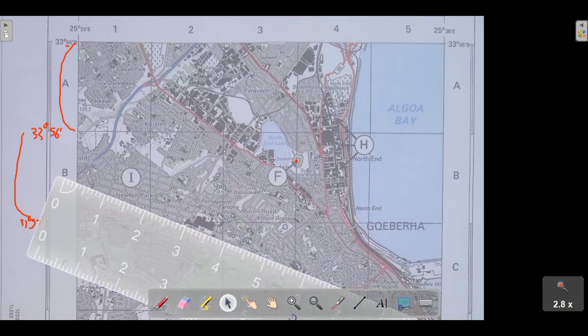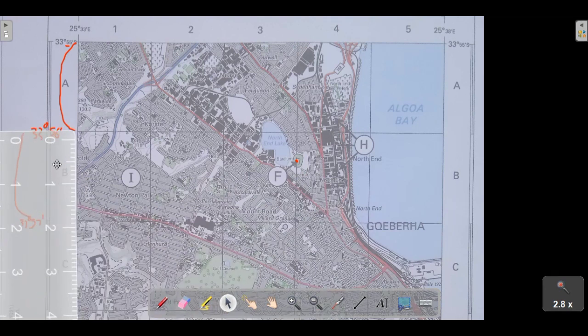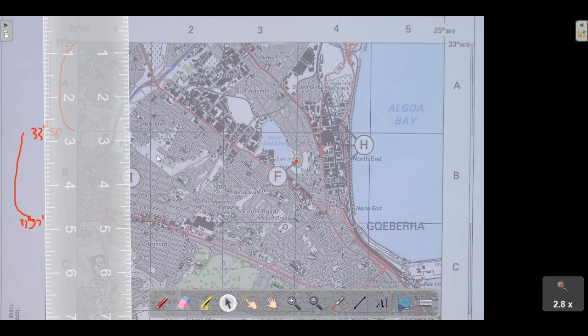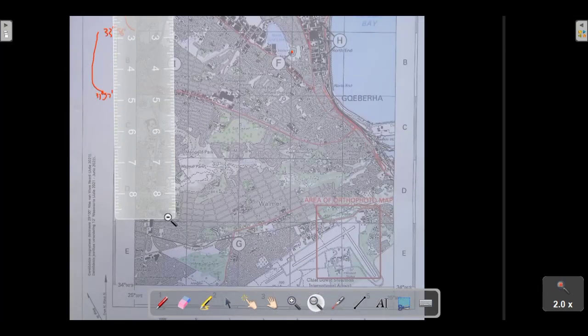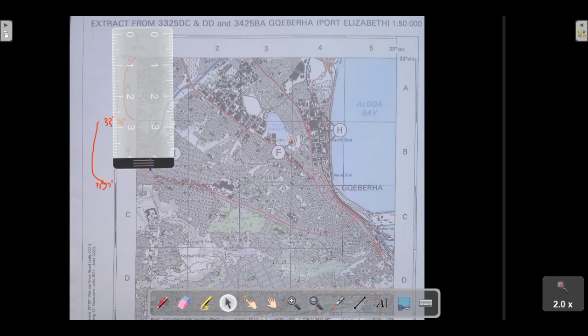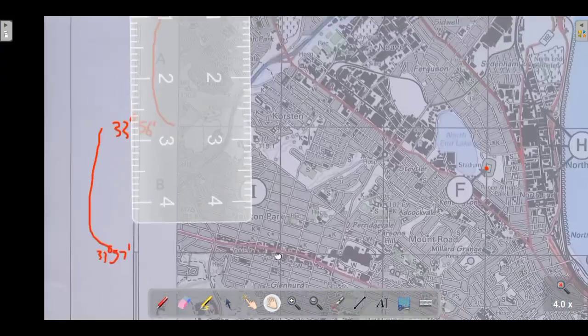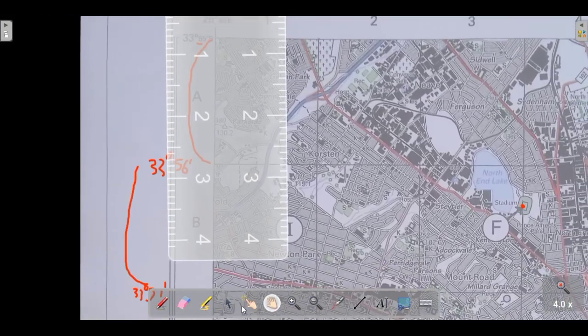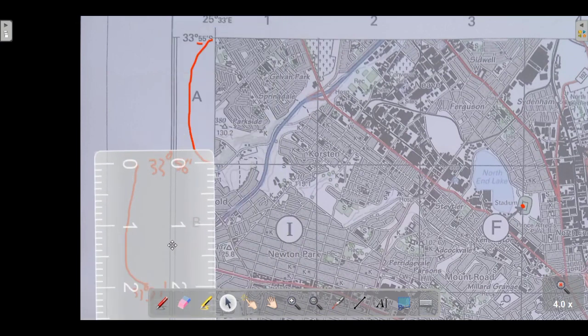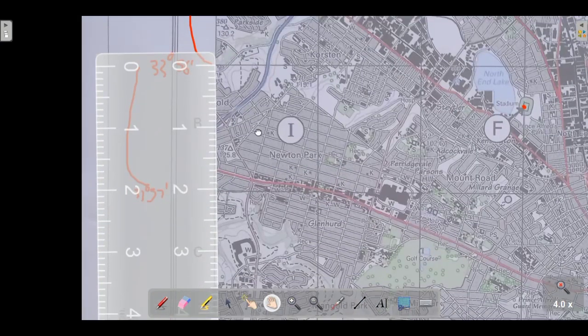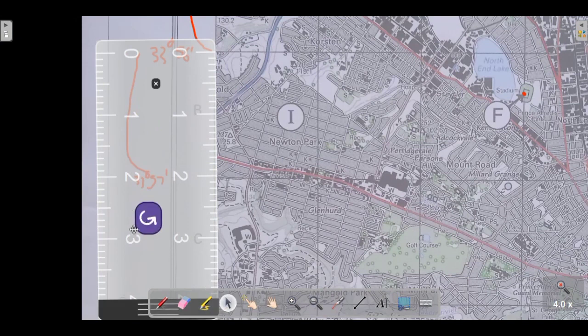So let's rotate this so that we can actually break it down. Zoom out and let's do that. I'm just lining up my ruler, just ensuring that it is lined up correctly.